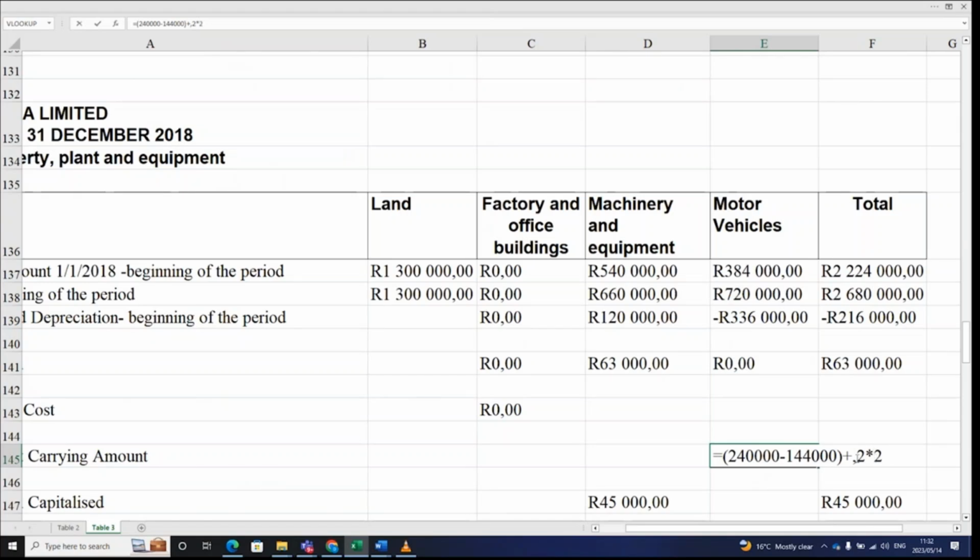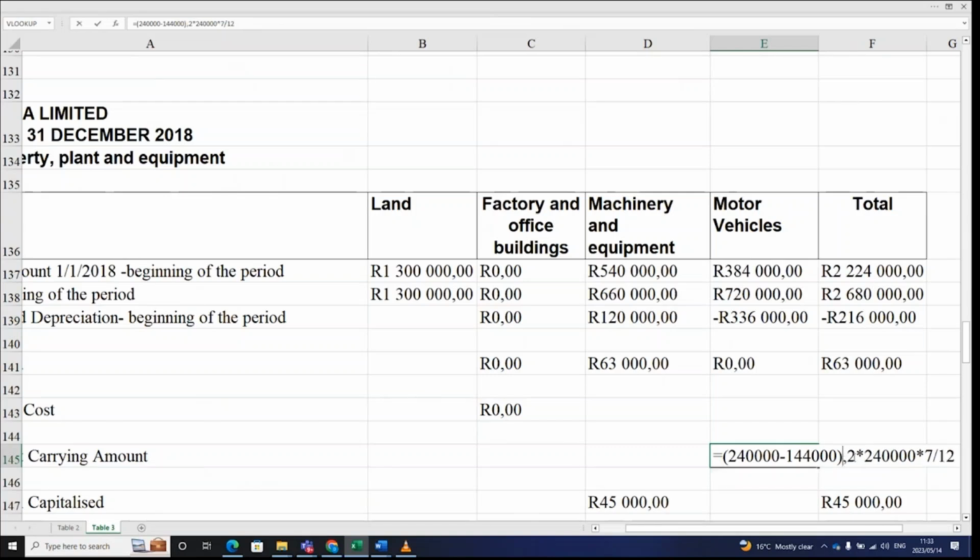So then we have 240,000. Okay. Then we also multiply that with the period for which it was in use, right? So in this case, since we sold on the 1st of August, it means that this asset was in use for 7 out of 12 of the period. Okay, so that is the depreciation that we worked out.